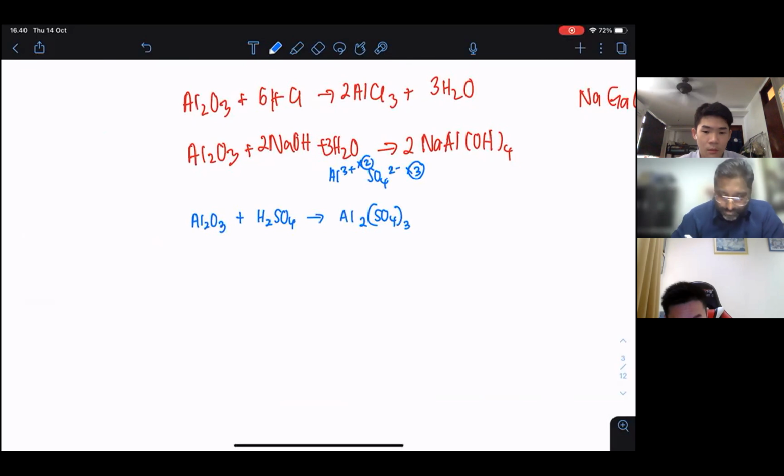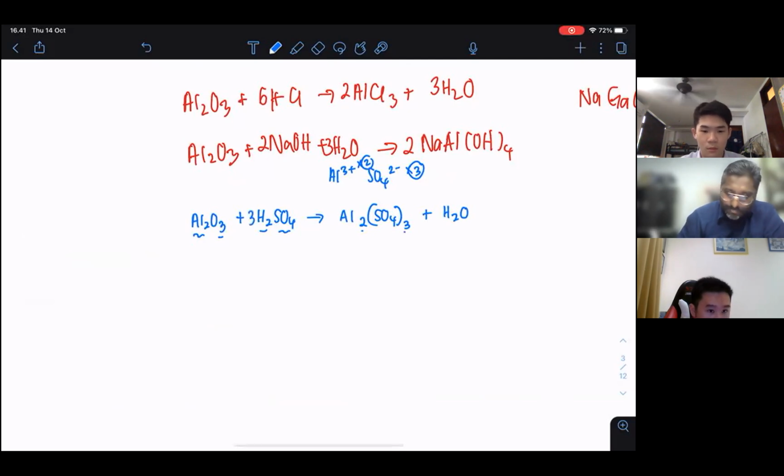So this one and this one are done. Left with what? Water. So plus water. You are just left with balancing the equation. You can see that aluminium is going to be 2, sulfate is going to be 3. So if I put 3 over there, and then if I try to balance the oxygen, it is 3, I put 3.